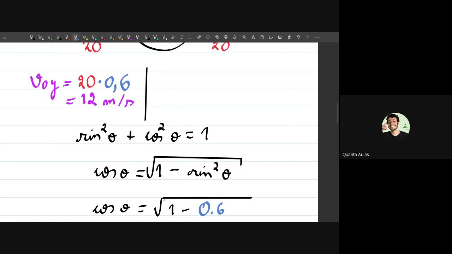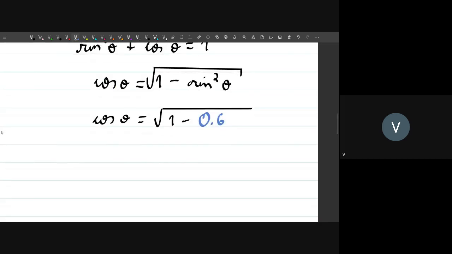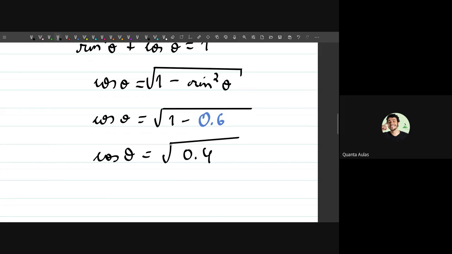I come back. Did you do this math, this calculation? 0.632. I don't know. I suppose you are wrong, okay? Because we have 1 minus 0.6, which is 0.4, right?